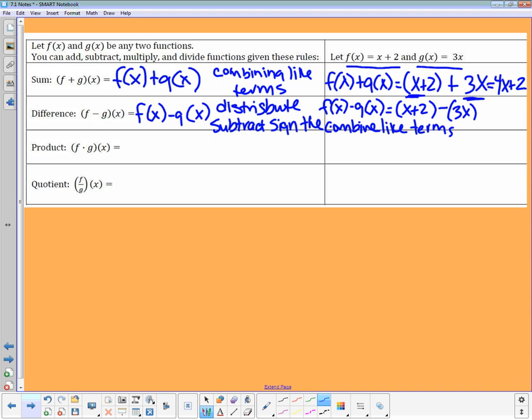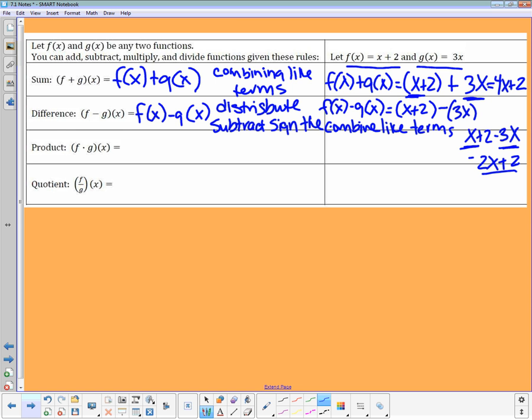I always put this in parentheses to make sure I'm distributing the subtraction sign among the whole quantity and not just the first term. So if we distribute, we have x plus 2 minus 3x. Combining like terms, 1 minus 3 gives us a negative 2x, and then plus 2. And that's our f minus g of x.